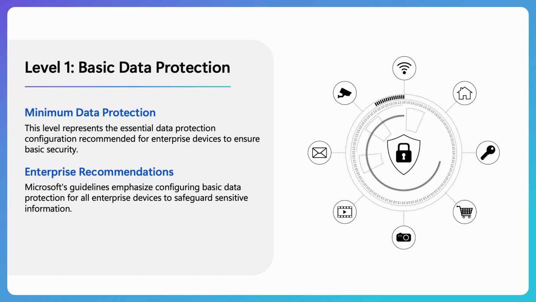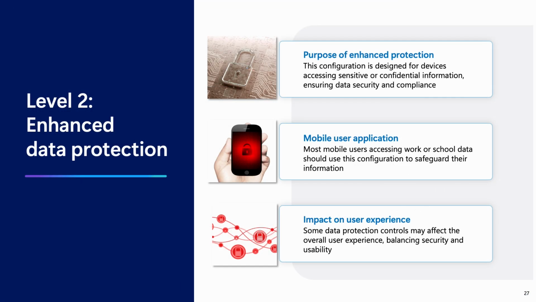But now let's think about how we can enhance the overall protection and the overall security of my environment. And that's when we move to level 2 inside our data protection framework. On level 2, we're going to build up on the level 1 policies. And let me explain what that means. A level 1 policy already has a set of definitions, a set of settings that we're going to use.